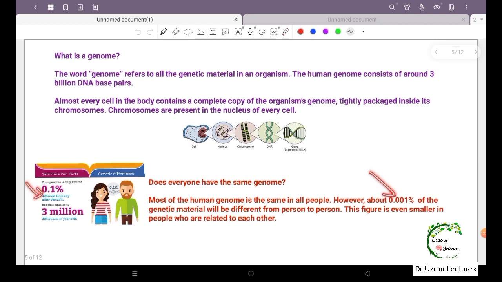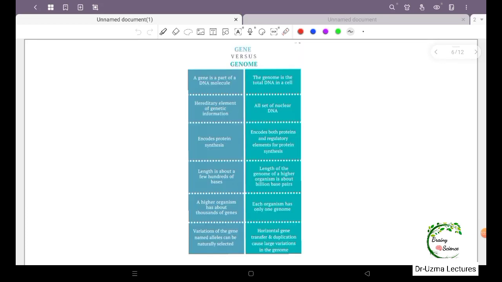Then let's see what is the basic difference between the gene and genome. Gene is a part of a DNA molecule, whereas the genome is the total DNA in the cell. Another difference is that the gene is a heredity element of the genetic information, whereas the genome is the whole set of nuclear DNA.